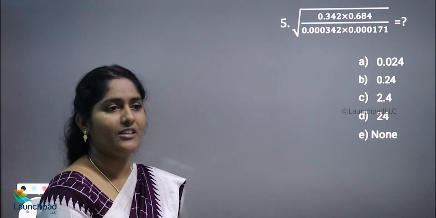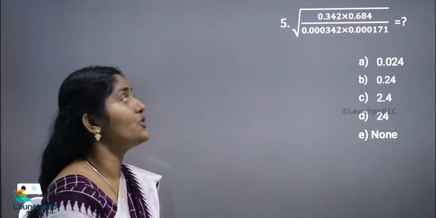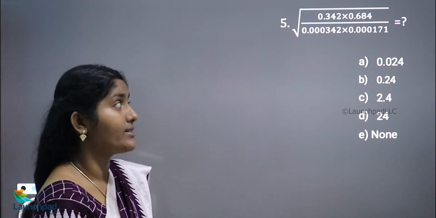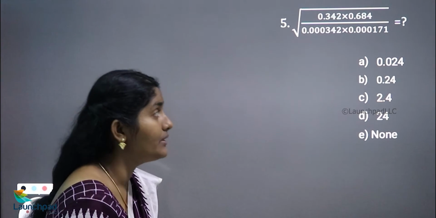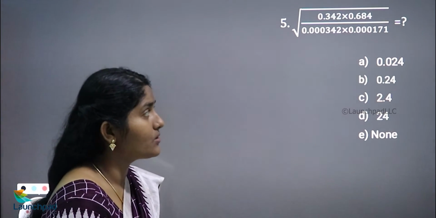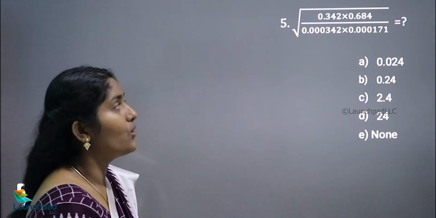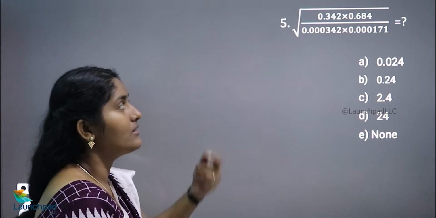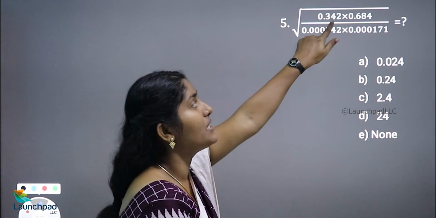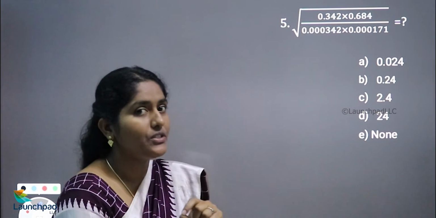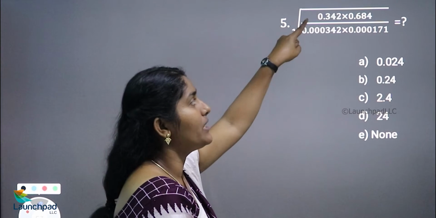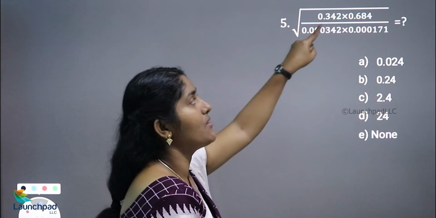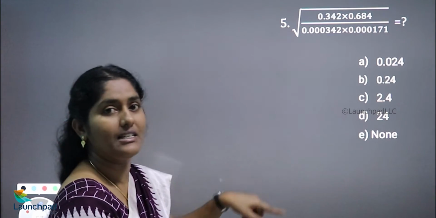And your next question is square root of 0.342 into 0.684 divided by 0.000342 into 0.000171. So observe this question. In this type of question, the number is ending with 2, and a perfect square does not end with 2. And similarly, both numerator and denominator have the same value, so we can cancel it.